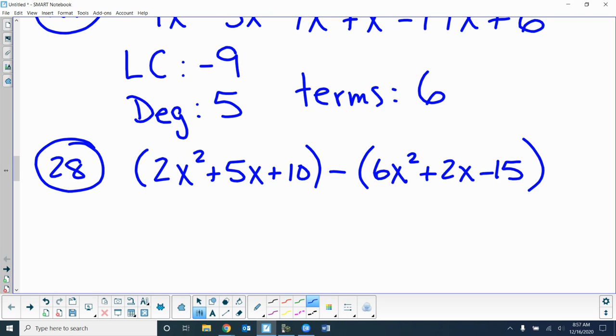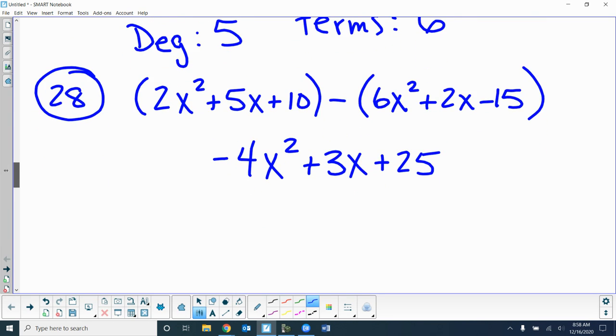All right, so what's 2x squared minus 6x squared? Negative 4x squared. 5x minus 2x, 3x. 10 minus a negative 5, 15. I'll mess up on the minus and negative part. Simple, right? You can do it, no problem.